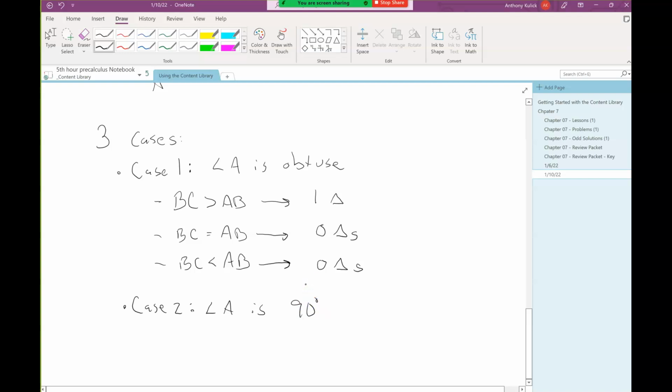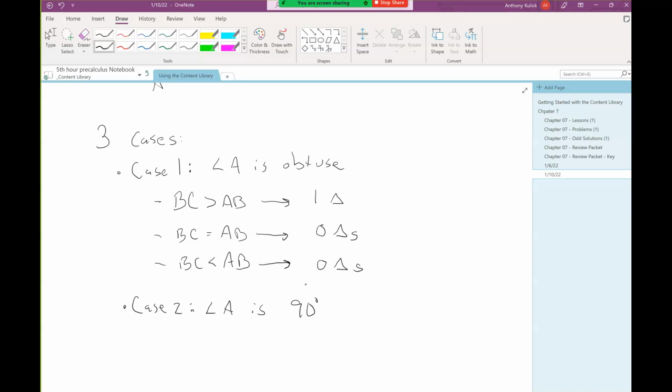Okay. What if angle A is 90 degrees? What can we say about that? Is angle A still the biggest angle? Yeah, guaranteed, right? Can you have 2 90-degree angles in a triangle? Nope. Can you have a 90-degree and obtuse angle in a triangle? Nope. So the 90-degree angle still has to be the biggest angle, right?